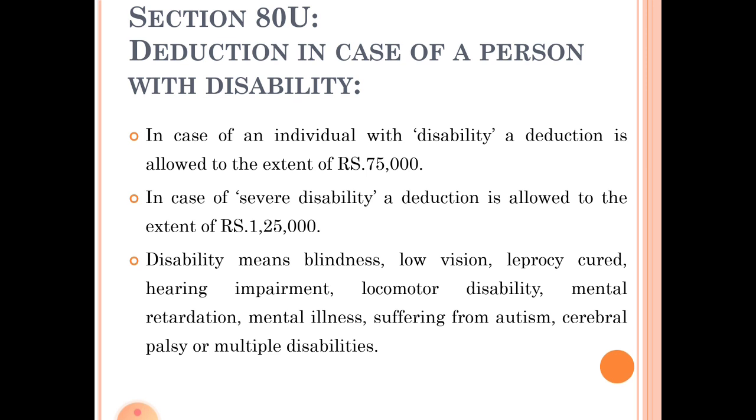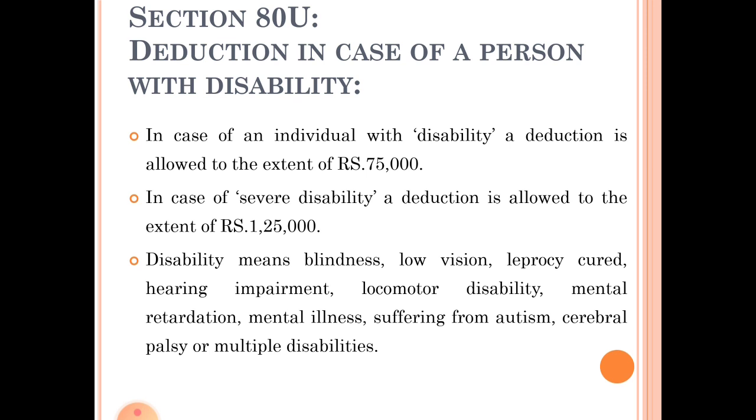In this case, the disabled person himself is claiming the deduction. A person with disability will get a fixed amount of rupees 75,000, and a person with severe disability can claim rupees 1,25,000 as deduction. Here there is no maximum limit. They can claim 75,000 or 1,25,000.